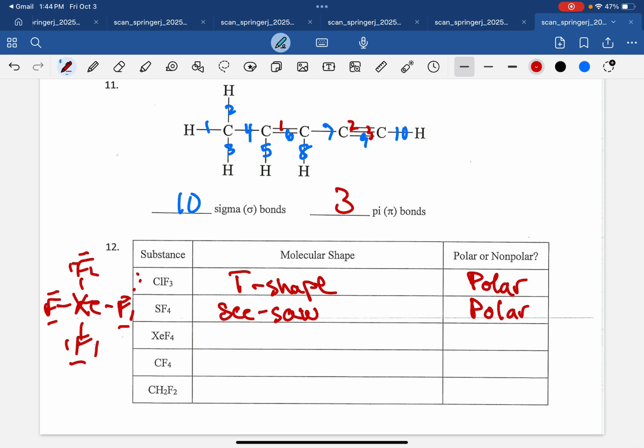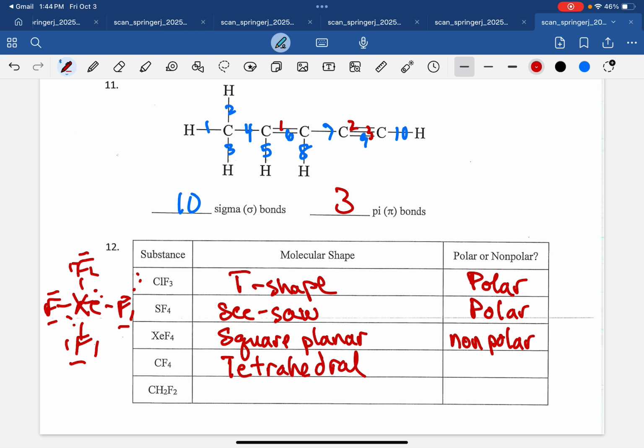And we need 36, so we got to have 2 more pairs. Put them on the center. That makes this square planar. And since the electron pairs are opposite of each other, it would be nonpolar. All dipoles are canceling.